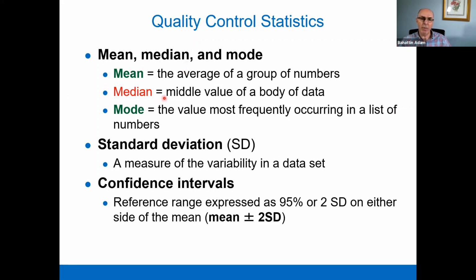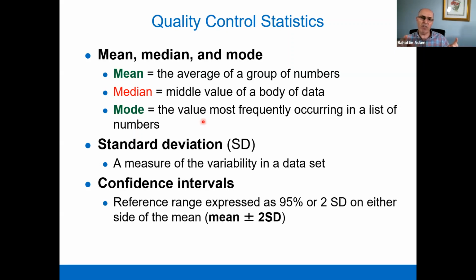Mean, median, mode, standard deviation, and confidence intervals. Mean is the average of a group of numbers, median is the middle value of a body of data, and mode is the value most frequently occurring in a list of numbers.